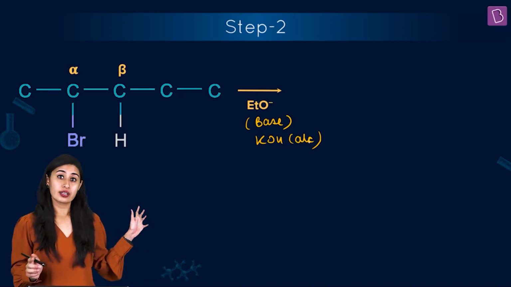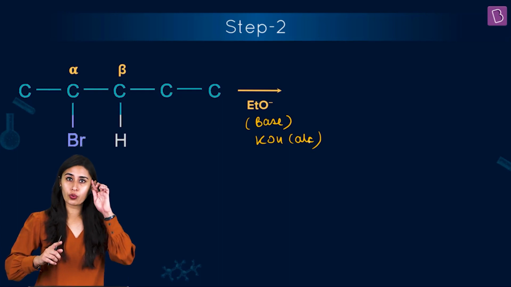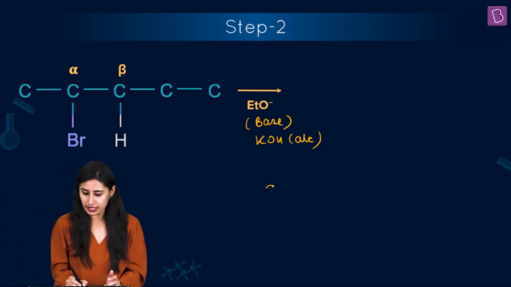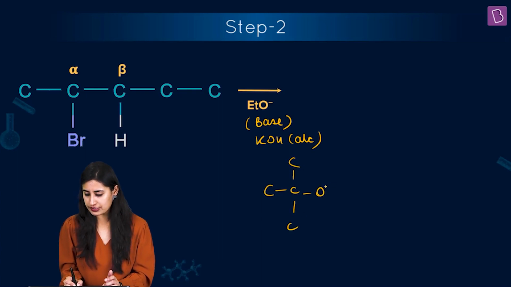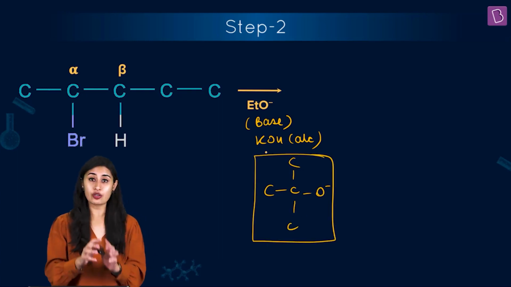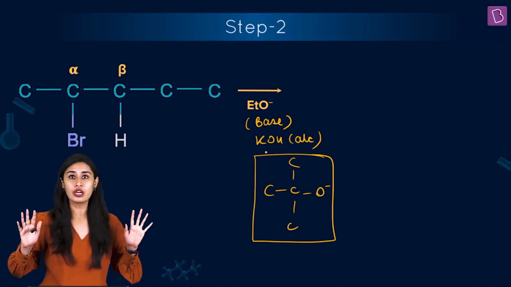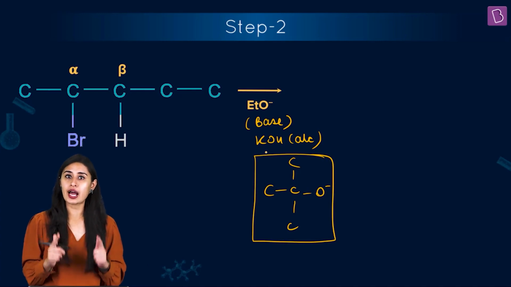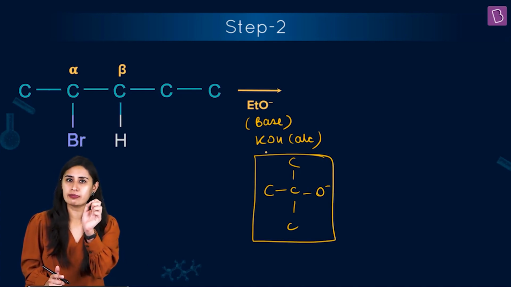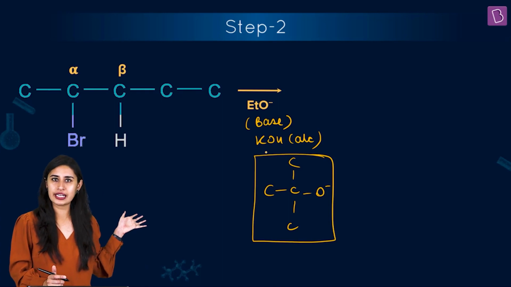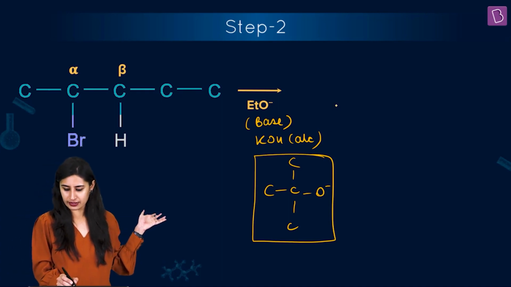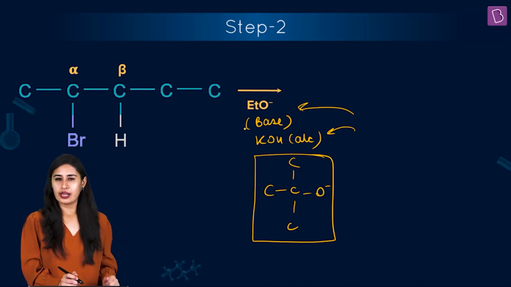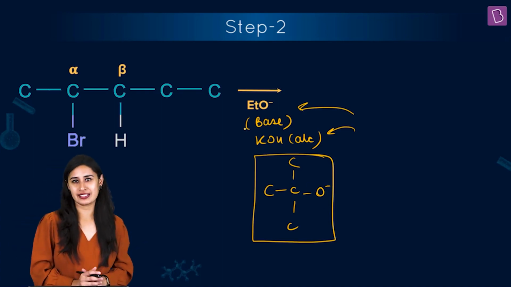So until and unless mentioned, don't use much of your brain by assuming that it's a bulky base. If you assume that, your answer to this question will be totally different. So be very careful. Until and unless a bulky base is properly mentioned, the general bases we take are like EtO minus or alcoholic KOH. So let's say we have this ethoxide base.